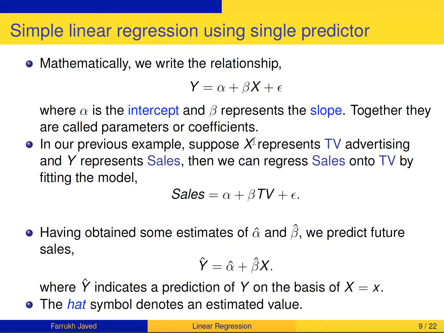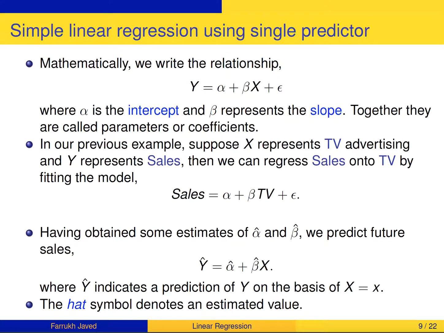In our previous example, suppose X represents TV advertisement and Y represents sales. So we can regress sales onto TV by fitting this model: sales equals alpha plus beta times TV plus epsilon. In this equation you have only one predictor, which is TV, and one response, which is sales, and that's why we call it simple linear regression.